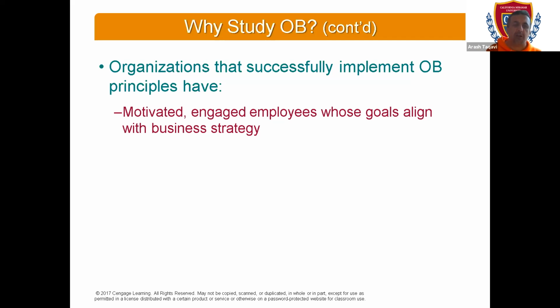This phenomenon is called role conflict: conflictual playing of the different roles of your life. And sometimes in your organization, we can see our business strategy doesn't align with our goals. So we want motivated, engaged employees whose goals align with the business strategy.